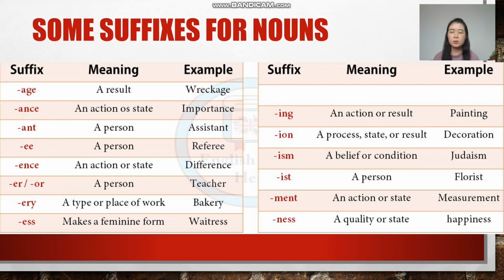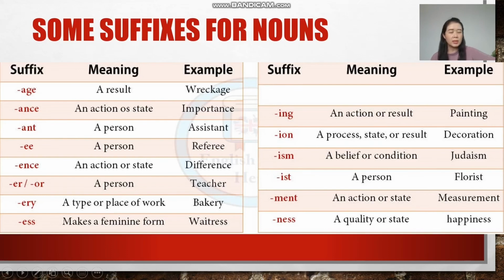I think there are some noun suffixes that you are familiar with, like ending with "ess," here at the end of the left table. When you see a word ending with "ess," normally it is a noun. The meaning of it is to make a feminine form, for example a waitress or an actress.